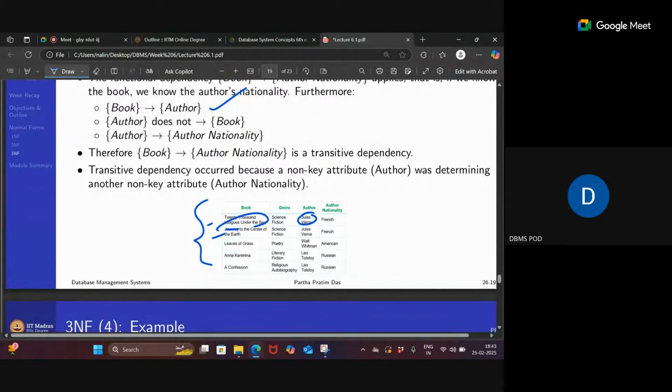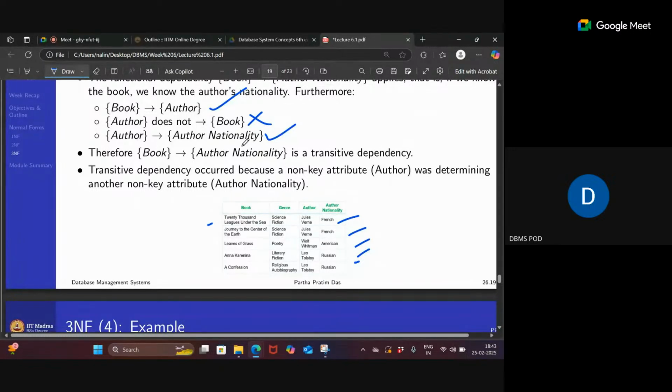So this functional dependency does not hold. And you can see author determines author nationality. For Jules, the nationality is French. For Walt, it is American. For Leo, it is Russian. So this FD holds for this table. Author determining author nationality is true.